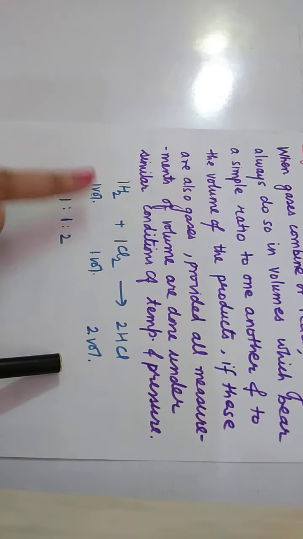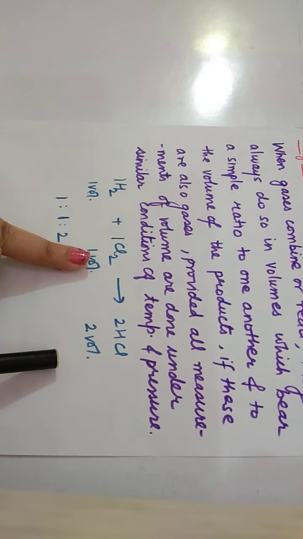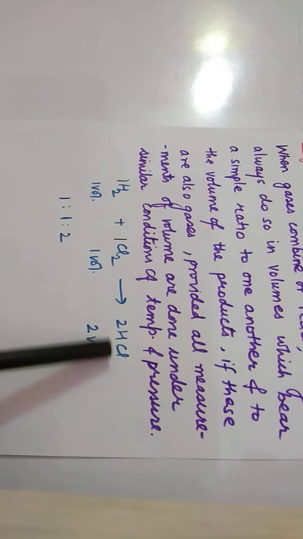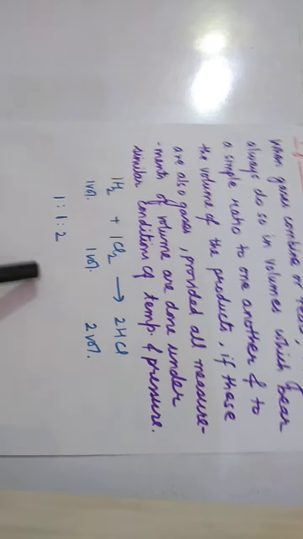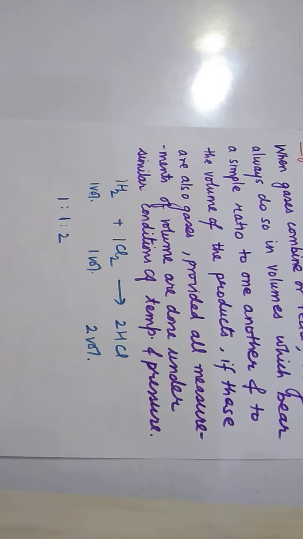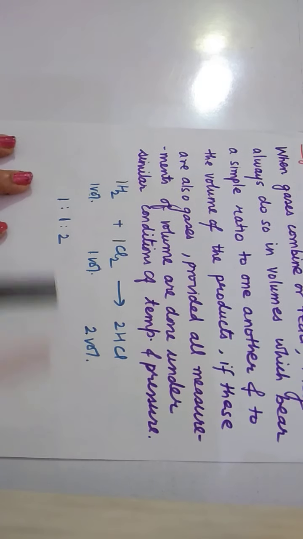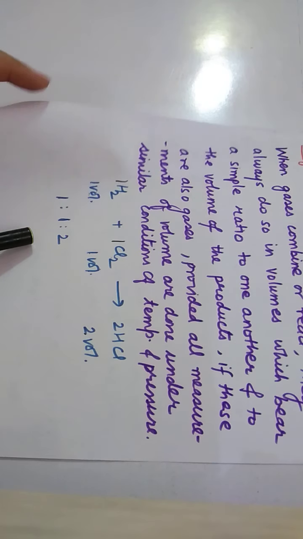So these two gases which bear a simple ratio to one another, that is 1:1, will also bear a simple ratio to the product formed. So 1:1:2 will be the ratio, and the condition will be under similar temperature and pressure. This reaction will be carried out under similar conditions of temperature and pressure.